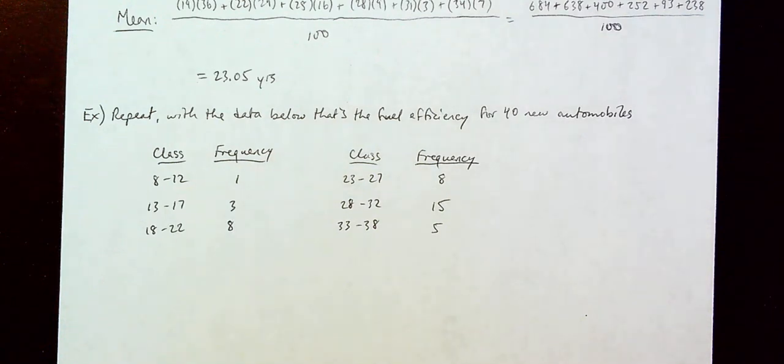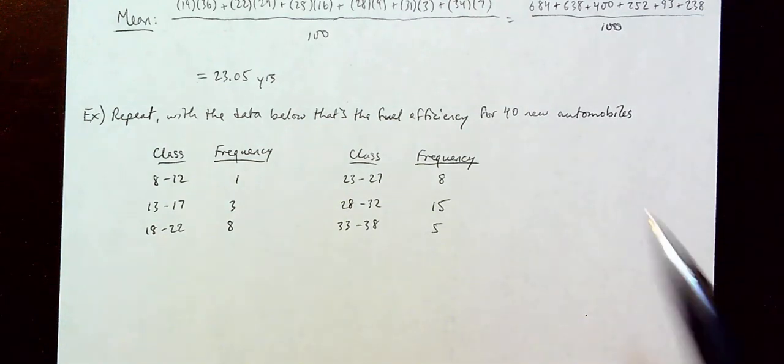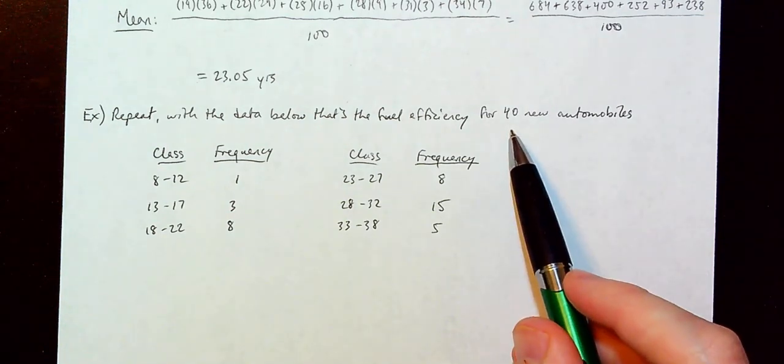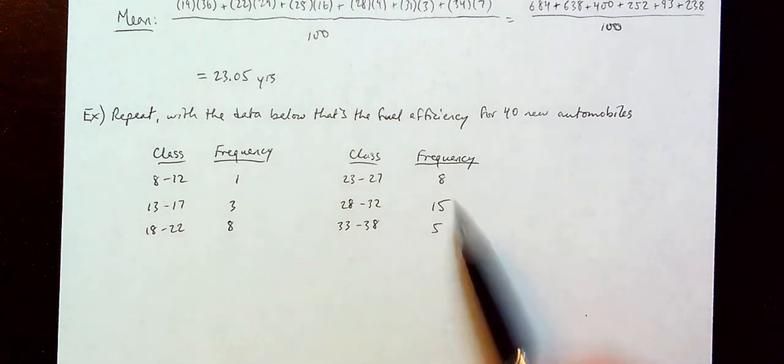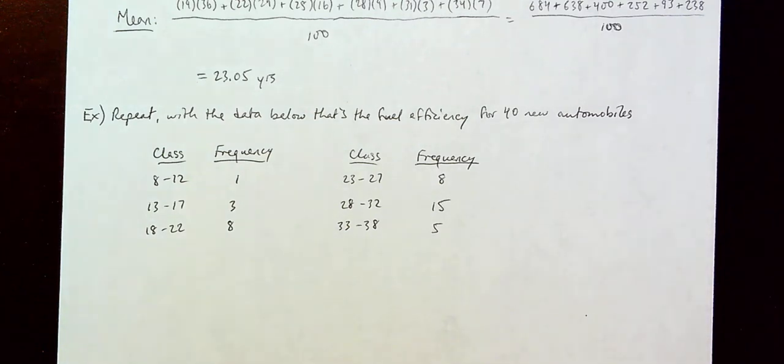You take those products, add up all those products, divide that big sum by the sum of the frequencies, which in this case is 40. You can see that all those numbers will add up to 40. So pause the video, try to figure this problem out on your own. Once you think you have it, press play, and we'll see if you were correct.